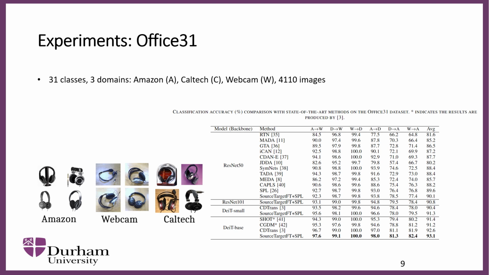Our chosen feature transformation approach, SPL, can achieve an average accuracy of 90.1% over 6 domain adaptation tasks. When using the pre-trained ImageNet model as a feature extractor, SPL gives an average accuracy of 89.6%.